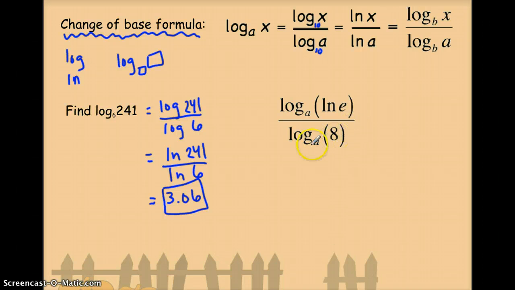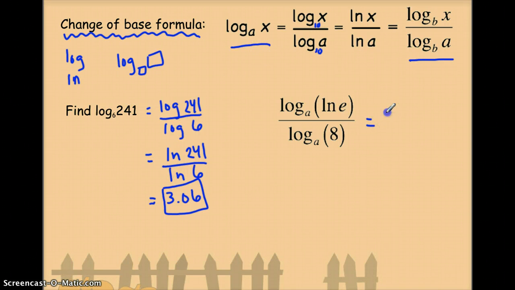So try to compare this to this. You see how whatever is on the top is this X value, and whatever's on the bottom was the base. So I can rewrite this kind of going backwards.